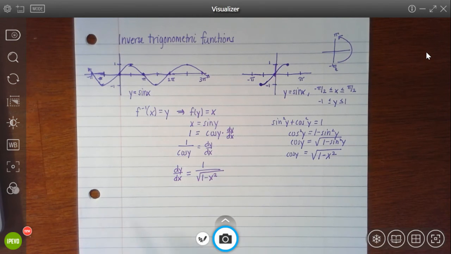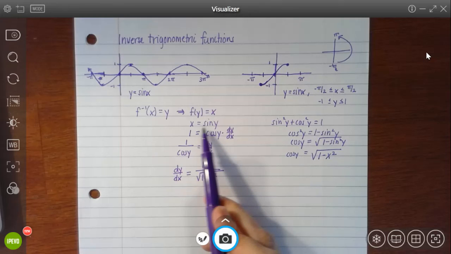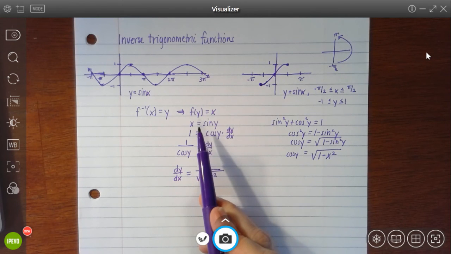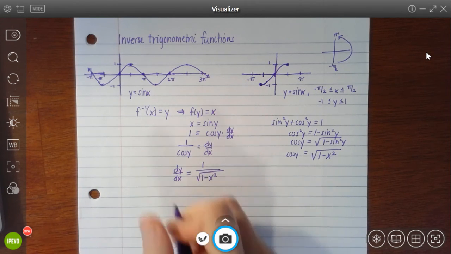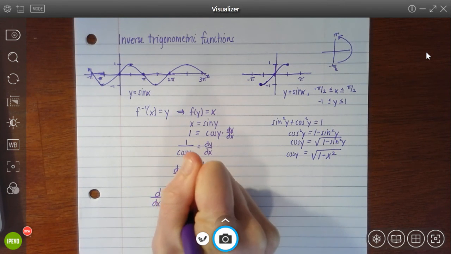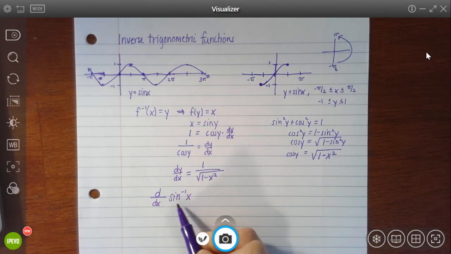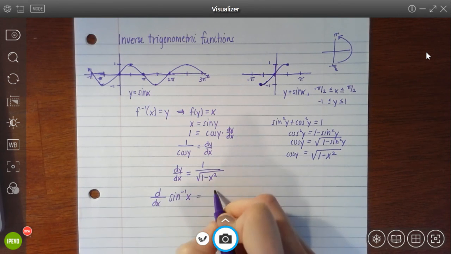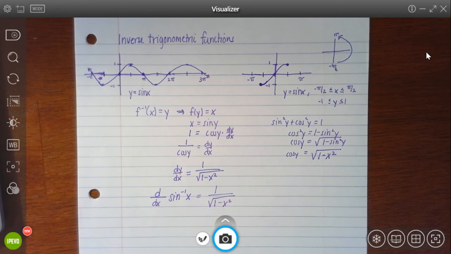Remember, we were working with x equal to sine y, so we were working with the inverse function. So we can now say that the derivative of the inverse of sine, which we would write as sine to the -1 of x, is equal to 1 over the square root of 1 minus x squared.